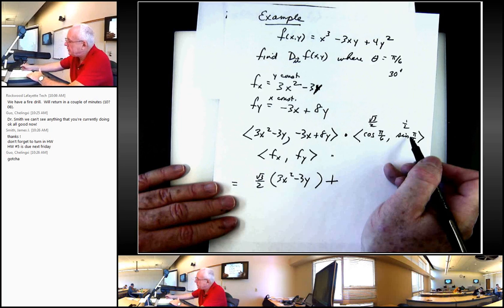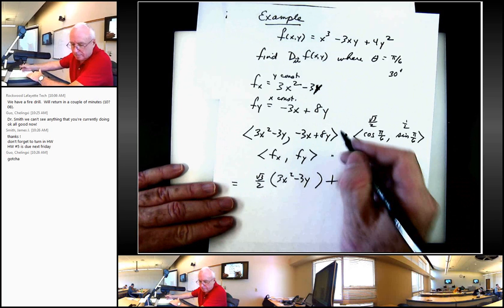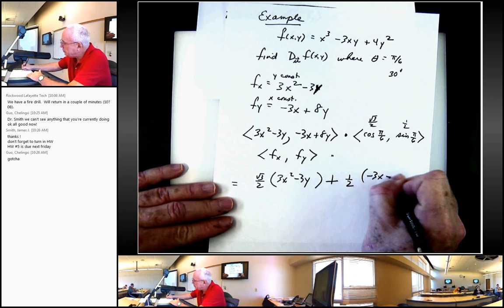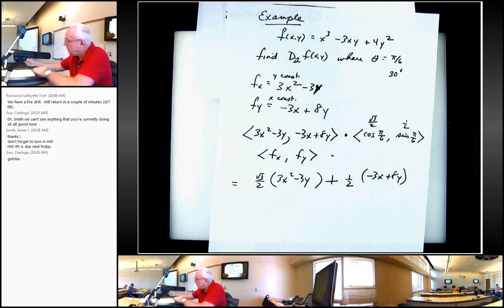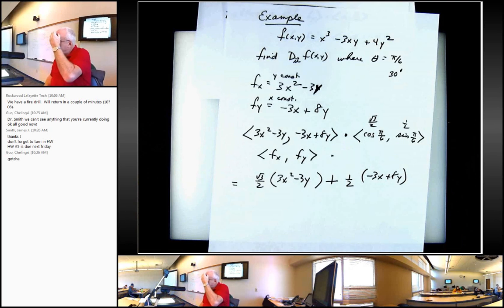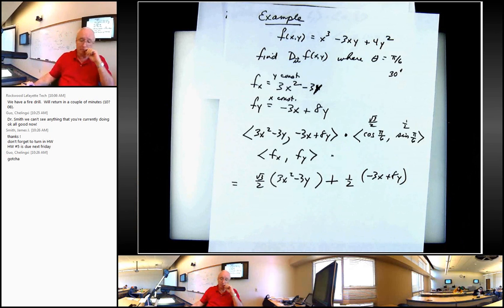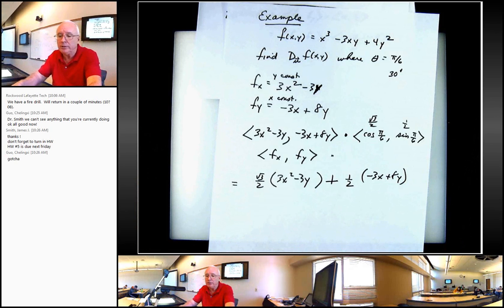And then I take the second component, plus 1/2 times minus 3x plus 8y. And I'm not interested in combining any like terms or anything like that. That is fine as an answer. There's enough work to do without doing some extra algebra that I'm not worried about.